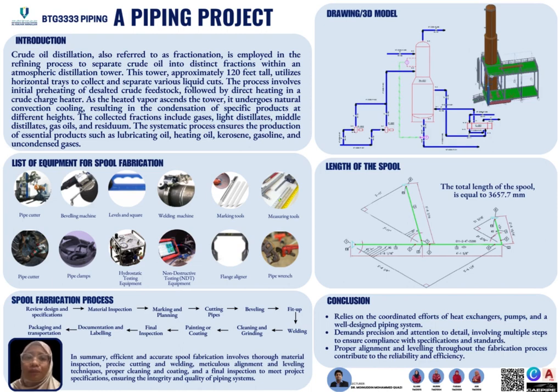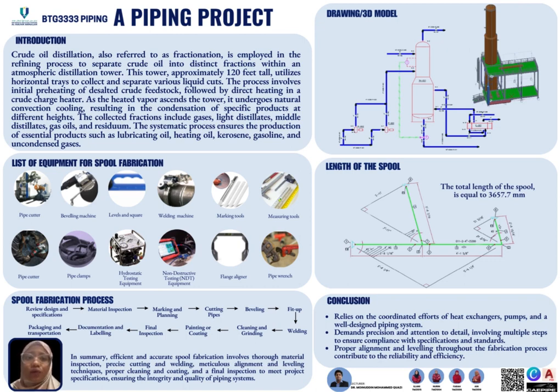Then, post-weld, we clean up, removing slag and spatter with a grinder or wire brush. Internal weld bits are smoothed if necessary. And to protect against corrosion and enhance aesthetics, spools get a protective paint or coating following industry standards.